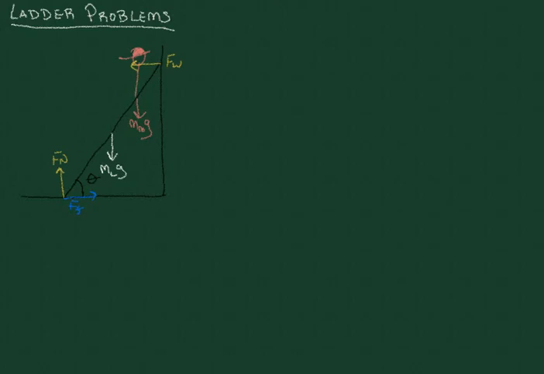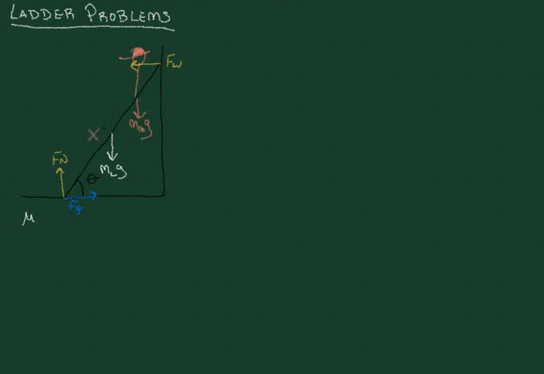So a problem like this might be asking you, if we know the coefficient of friction mu between the floor and the ladder, what's the lowest angle that we can set the ladder so it doesn't slip? And as a function of the distance that this guy is.